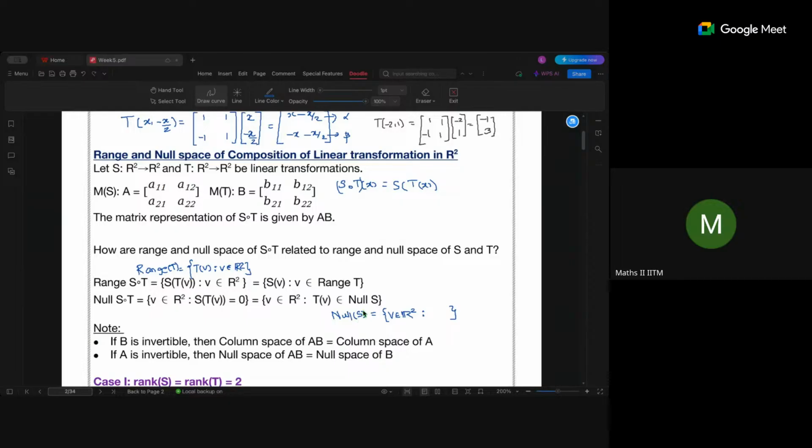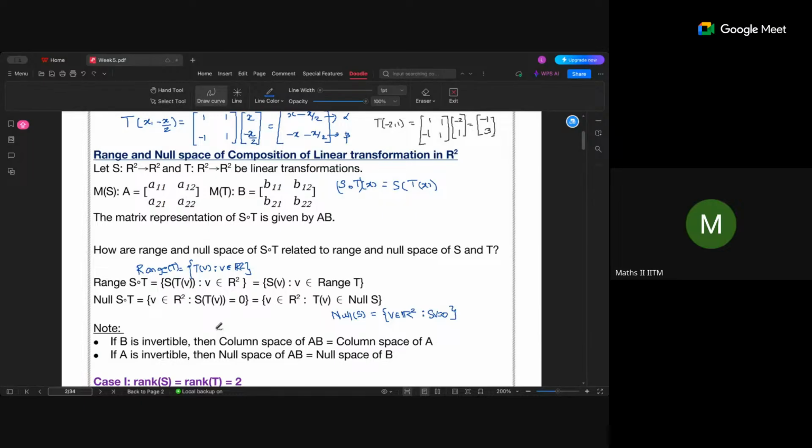Here I am talking about null of S. Your answer was correct, but remember that we are talking about null of S, not null of T. Just the definition I'm asking. So it is SV equal to 0, right? That's all the definition is. So the definition is the set of all V in R2 such that SV equals 0.